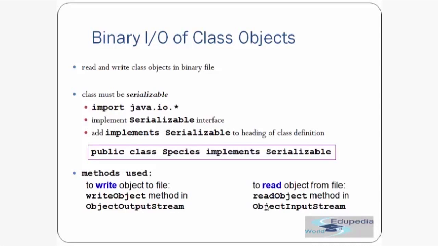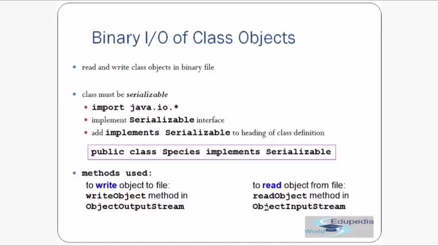In order to store the complete object as it is, there are methods like readObject and writeObject. But in order to maintain the state of our object, we must implement the Serializable interface.